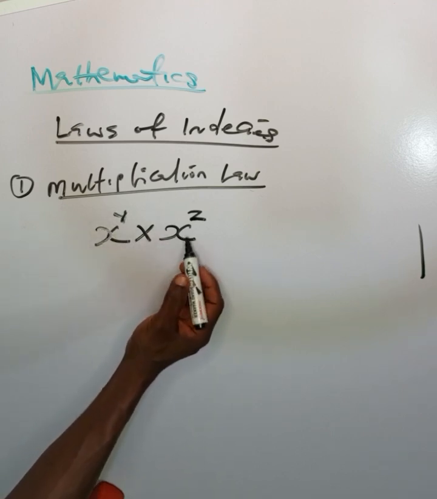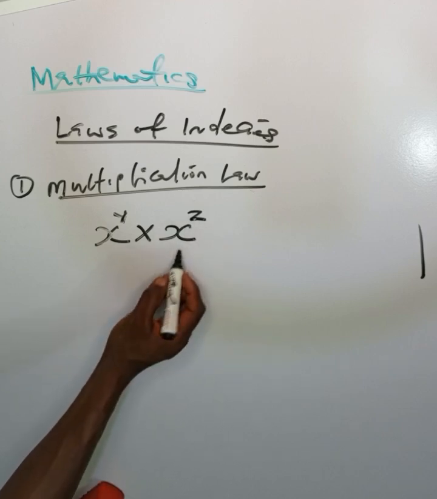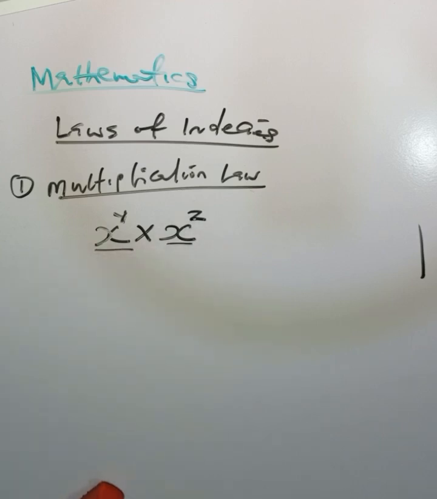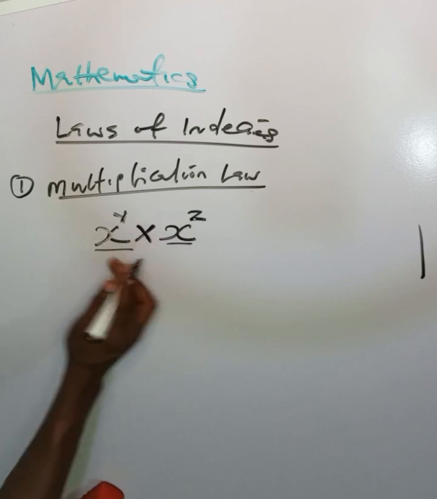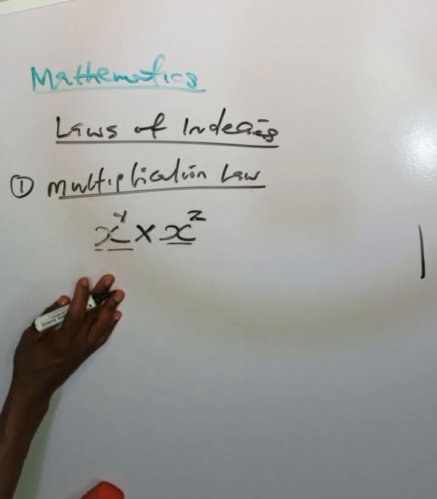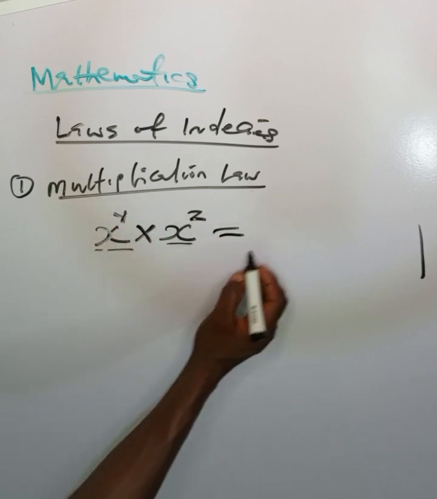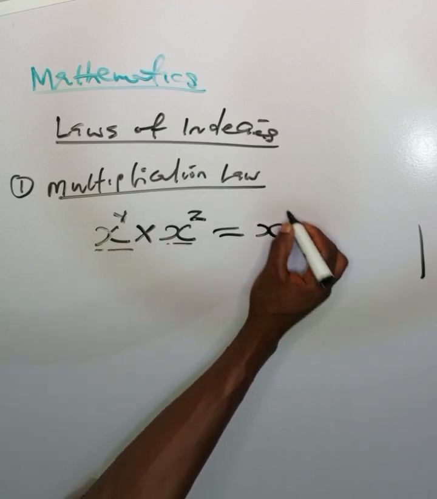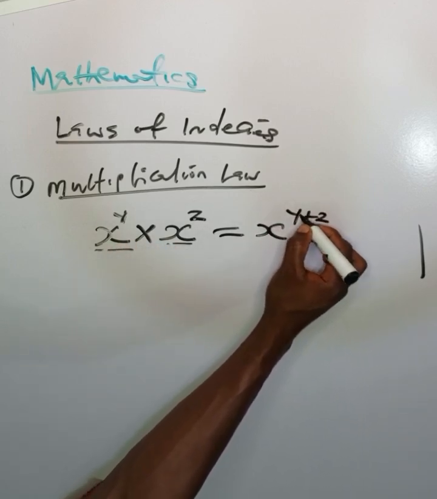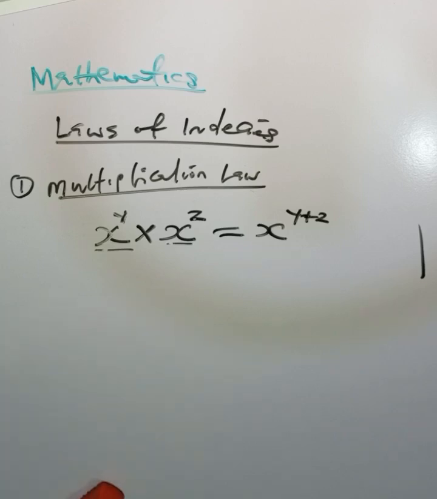The power of this number is z. The base is the same, but the powers are different. So when the same base of different powers multiply, you add the powers since the bases are the same. x raised to power y plus z. That is the multiplication law.